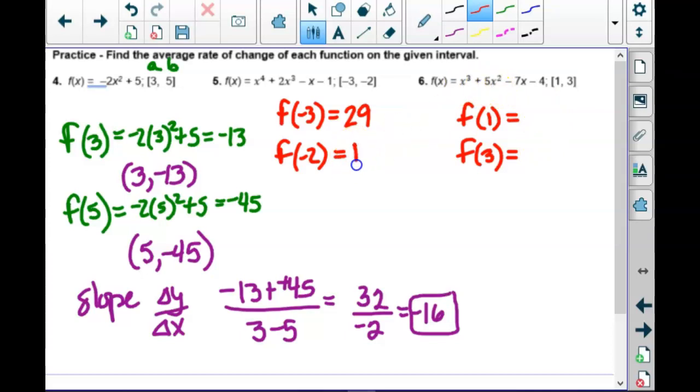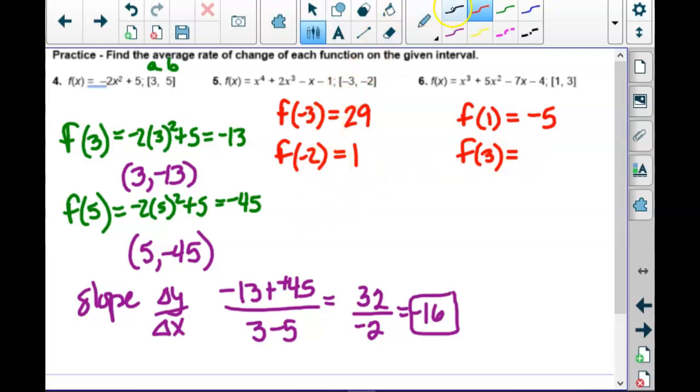Anybody do the 1? 1 plus negative 5? Okay. And the 3? 27 plus 45. Yeah, I can't do that one in my head. It's hurting my head.